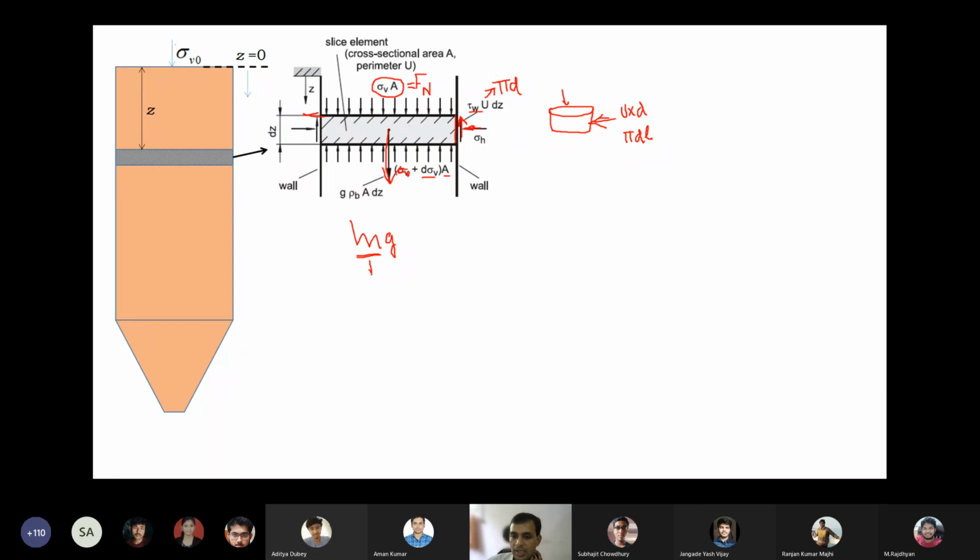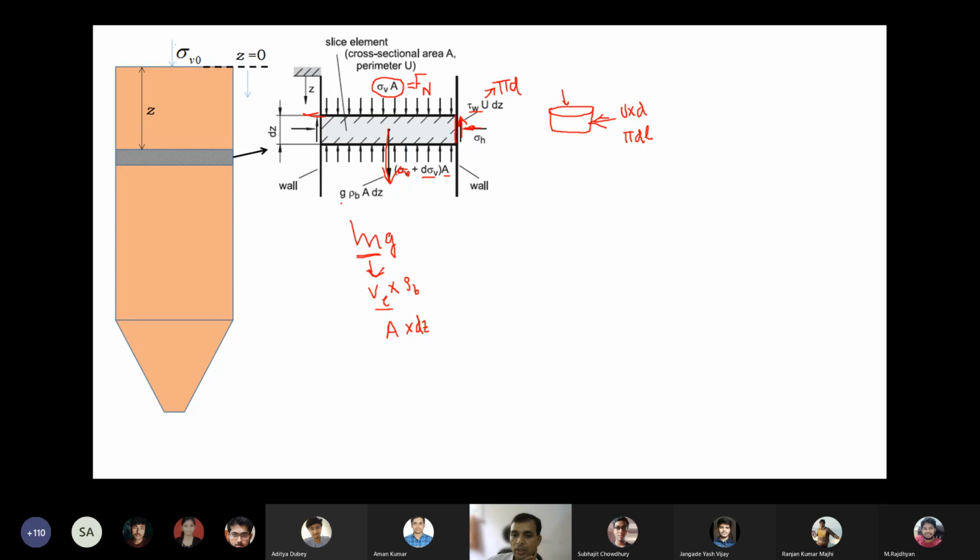Mass can be written as volume of the element into bulk density, because bulk density is mass by volume. Volume gets cancelled, we get the mass. So volume of element is nothing but area into dz.